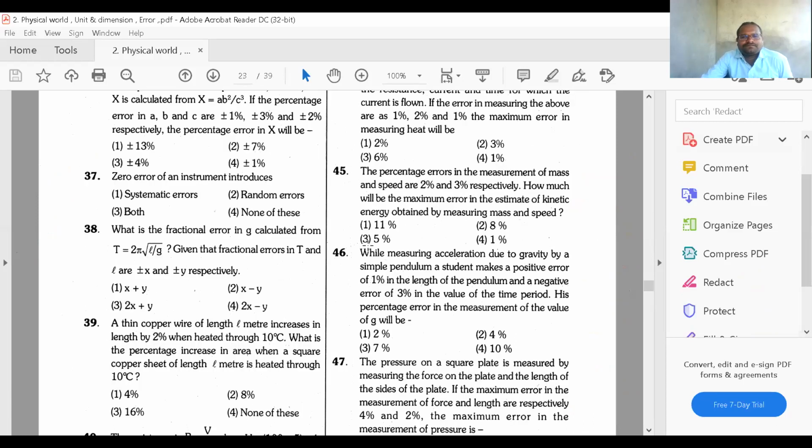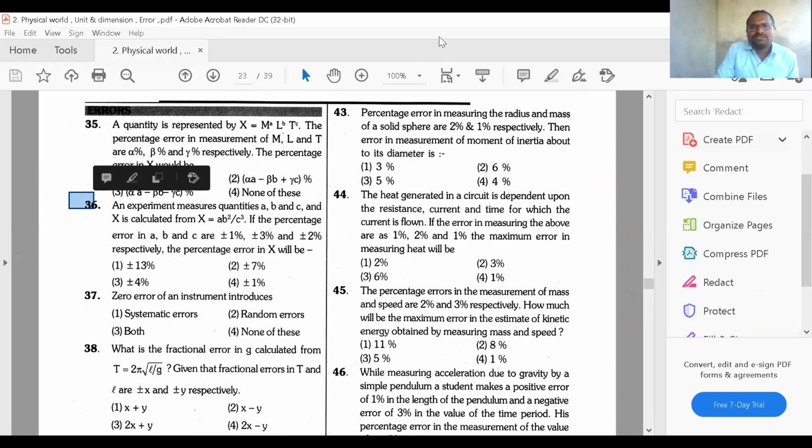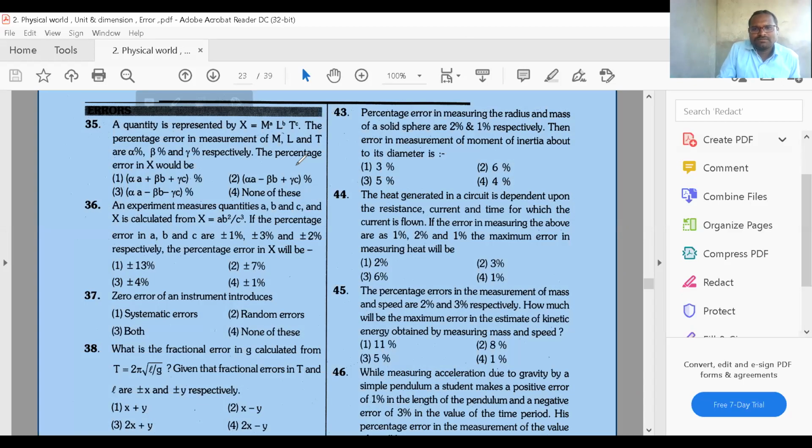Here you see. Yes, this type of problems are important for you. Let's see question number 36. Try to solve this question, all of you.